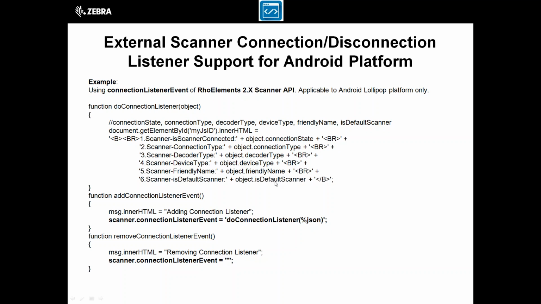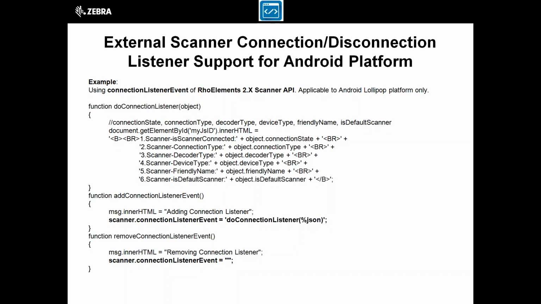For example, if I have connected RS6000 and RS4000 devices, so external scanner hardware, to the WT6000 device, and I have registered the scanner connection listener event method, then if I am, say, removing the RS4000 pluggable serial SSI scanner, if I am disconnecting it, the do connection listener method will be fired, and it will provide the information related to the pluggable serial scanner: connection state, connection type, decoder type, device type, friendly name, and is default scanner.